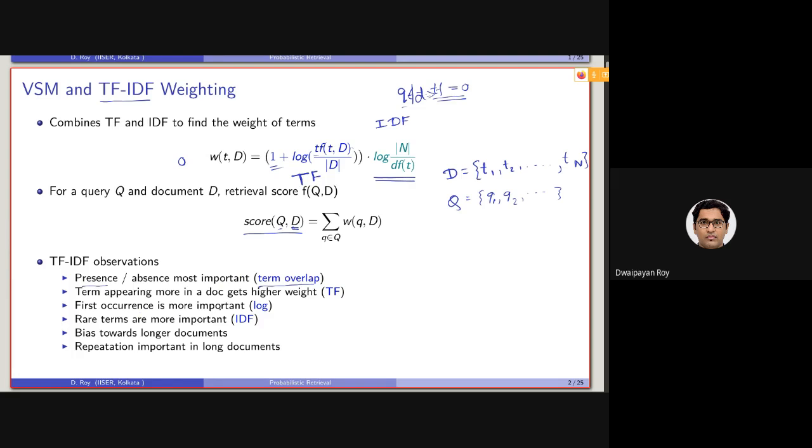The first occurrence is more important due to this log, because as we have said, if we do not use this log, it will be a linear function, but we need a sublinear function. For that, we have introduced this log, which indicates that the first occurrence is more important, the second occurrence is a little bit less important, and so on and so forth.